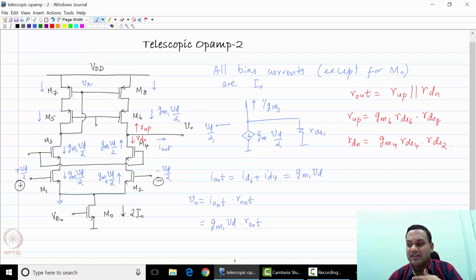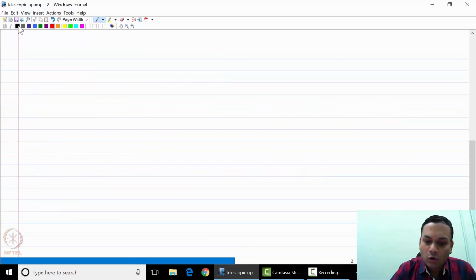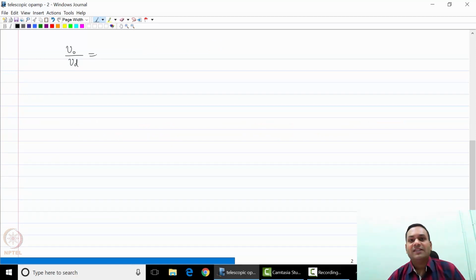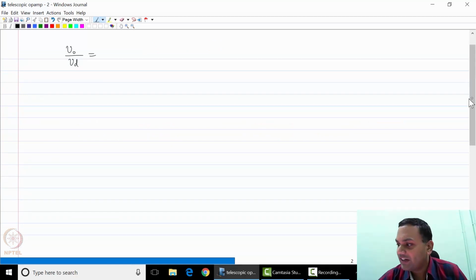So you have two cascode resistances. One cascode resistance looking upwards, which is the output resistance of the current mirror, M5, M6, M7, M8, and you have the resistance looking downwards, which is the cascode resistance of M2 and M4. And therefore, the overall voltage gain is extremely large. So VO by VD is the overall voltage gain of the circuit.